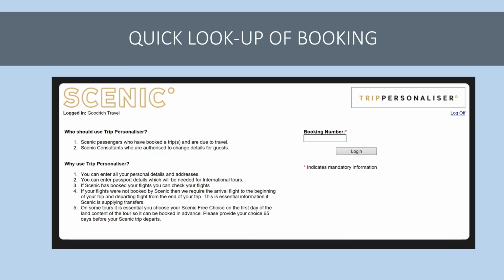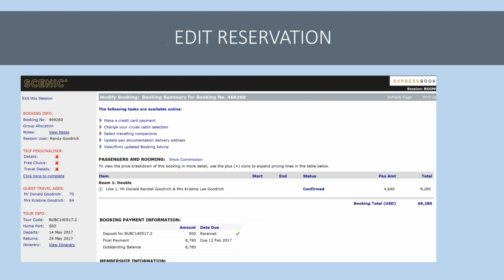You can always look up when you go into the Express Books. You click on Trip Personalizer, you just put the booking number in, and you can always look and see how people have done it at filling it in. You can also, there's a lot of things you can do with the reservation when you open it up. So there's make a credit card payment. We're actually not quite set up for that yet.